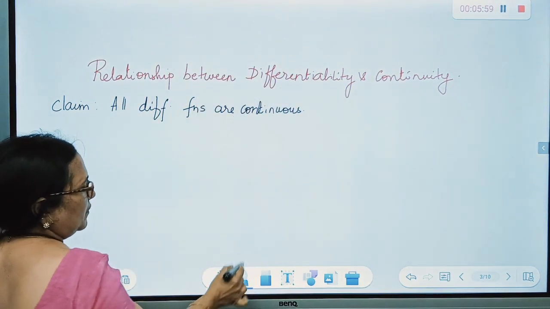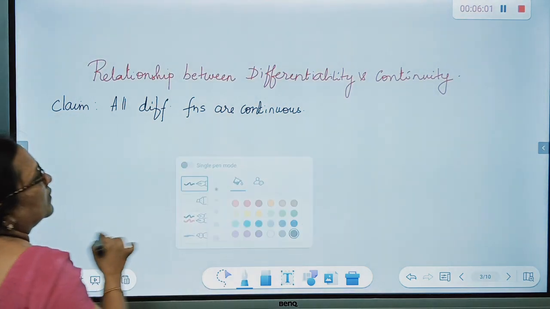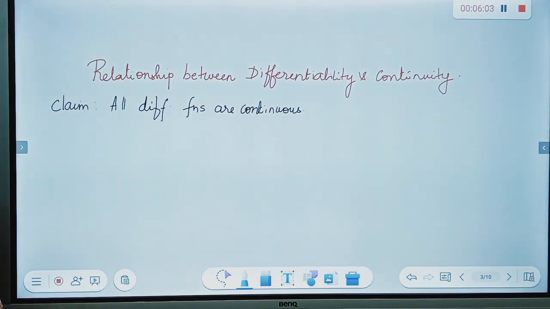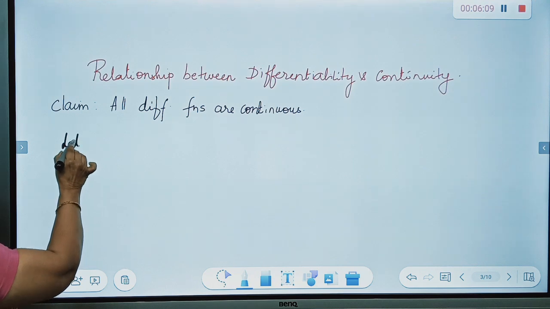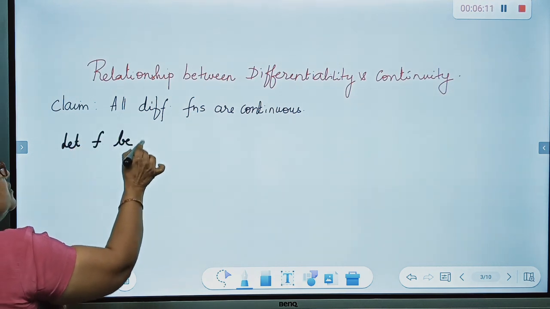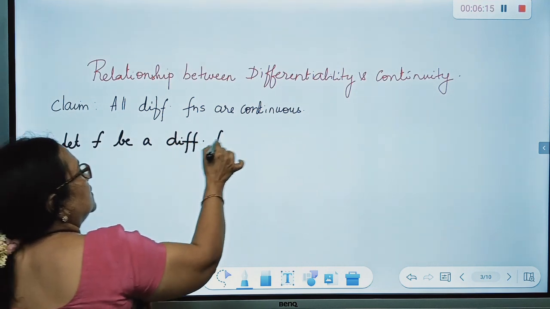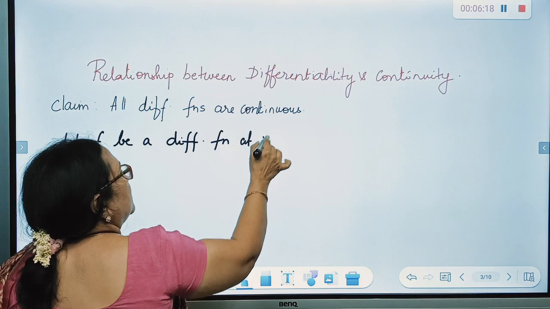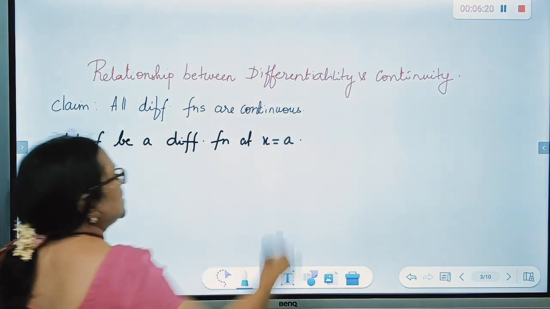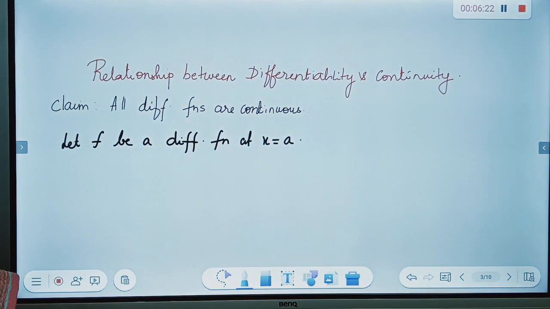Now, let us consider a function which is differentiable. Let f be a differentiable function at x equal to a. It's a real valued function which is differentiable at x equal to a.